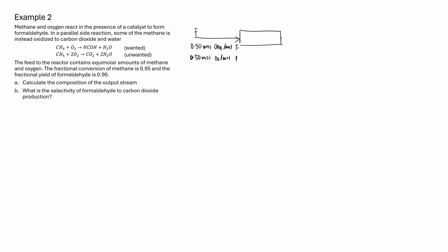This is F, and this is the product stream. In the product stream, there's CH4, O2, formaldehyde, water, and carbon dioxide. The fractional conversion is 95%, and the fractional yield of formaldehyde is 0.90.